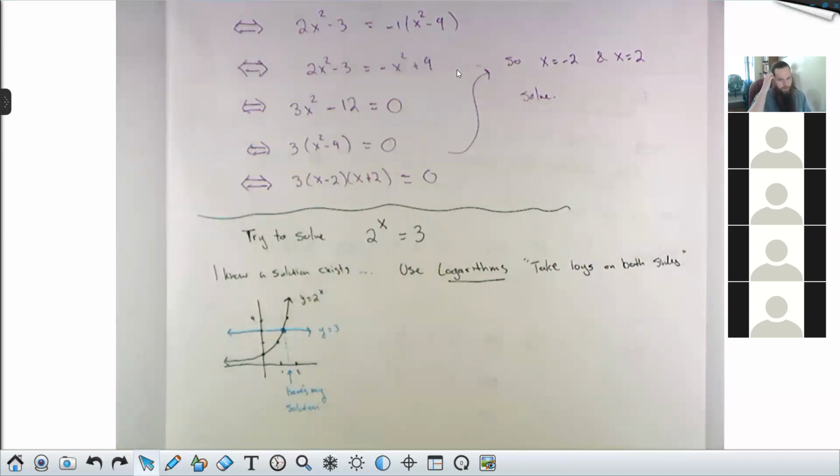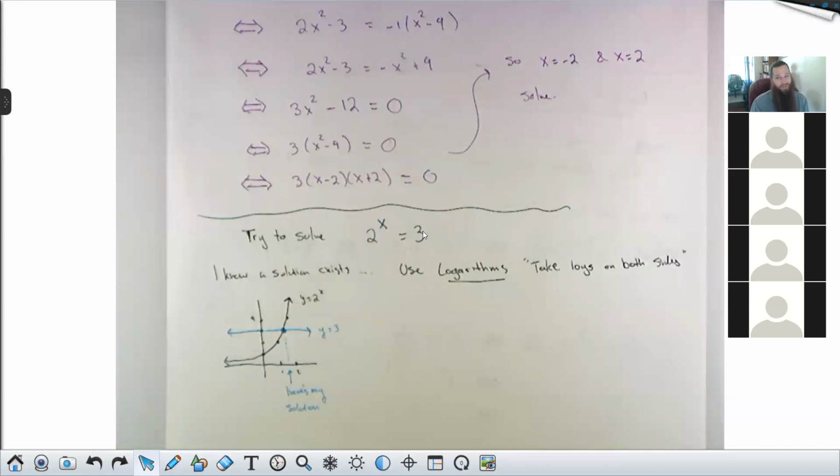Remember what the third property of logarithms is. If you have a log of a power, the power can come down. Taking square roots here won't get rid of the x. It would just change the exponent to x over 2. Taking the xth root on both sides won't even take care of things, because then you'd have 2 equals 3 to the 1 over x.